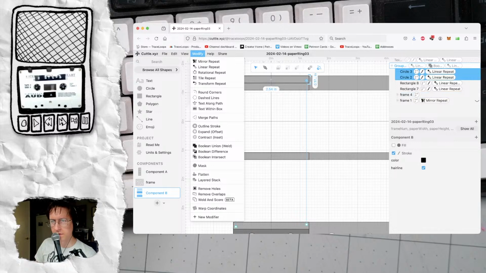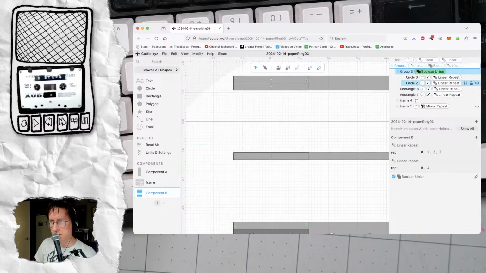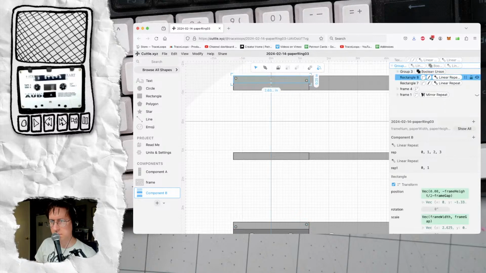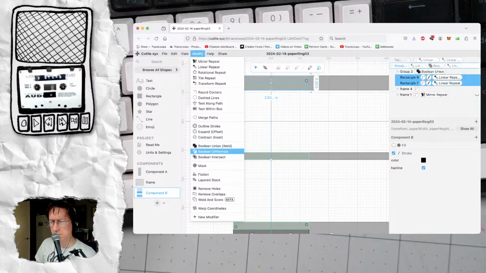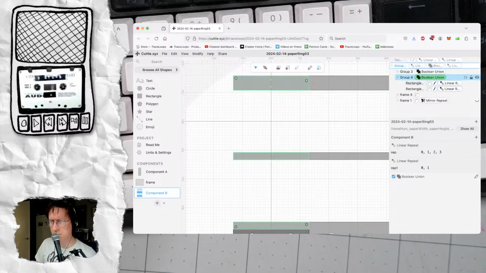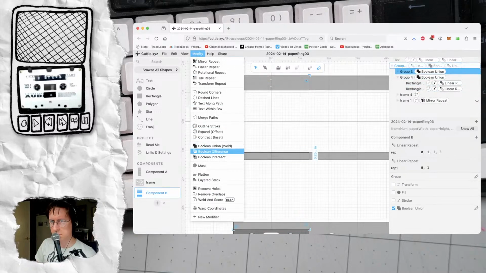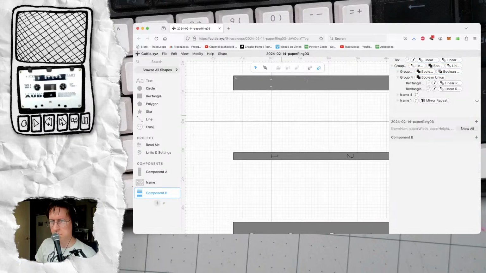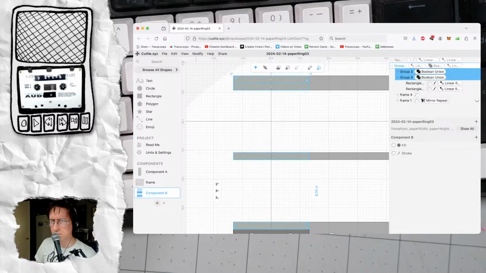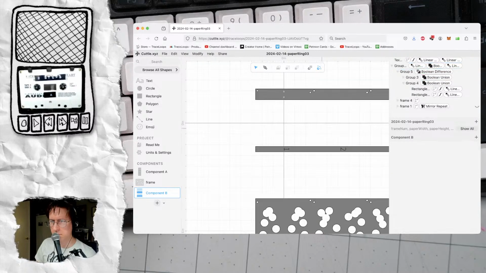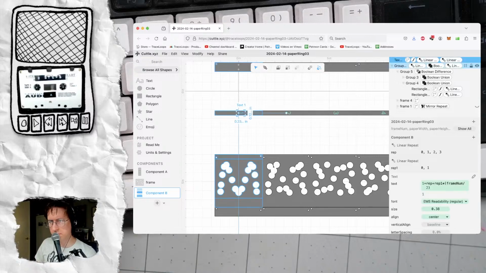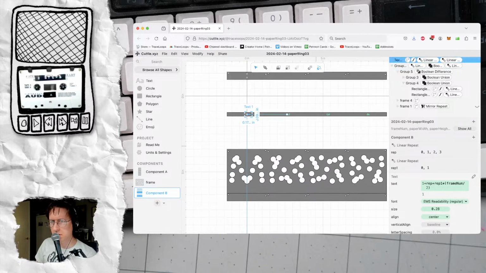We'll find out. Modify, Boolean union. Okay, this should be good now.